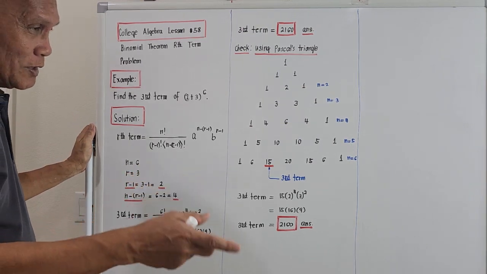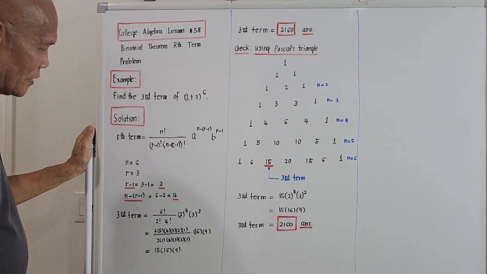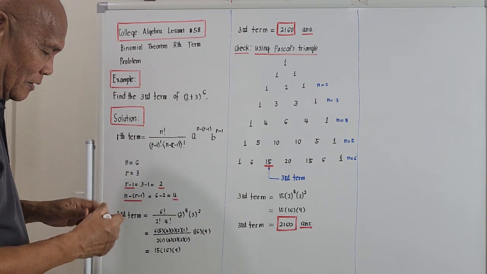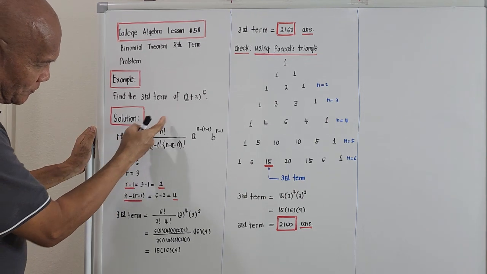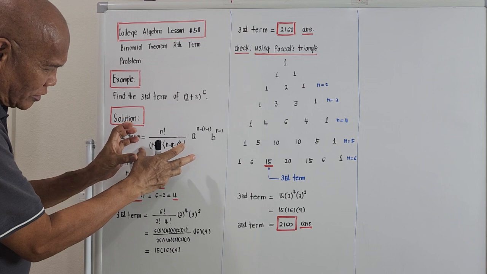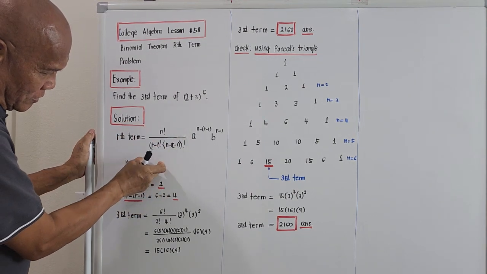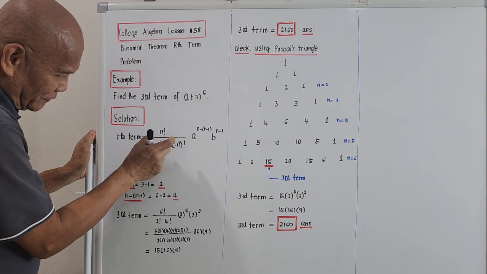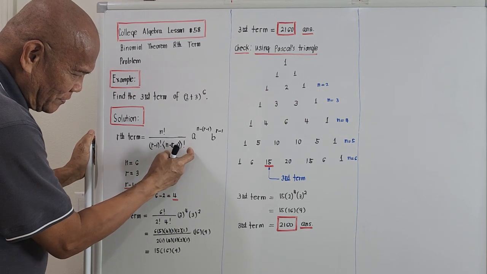We have a formula under binomial theorem. The rth term, or nth term, is equal to, this is the given formula, a little bit long: the coefficient should be n factorial all over the quantity r minus 1 factorial times the quantity n minus r minus 1 factorial.